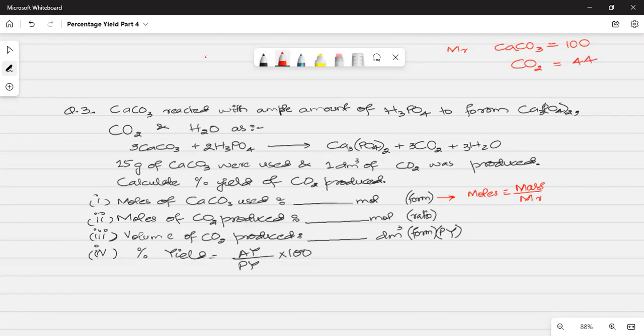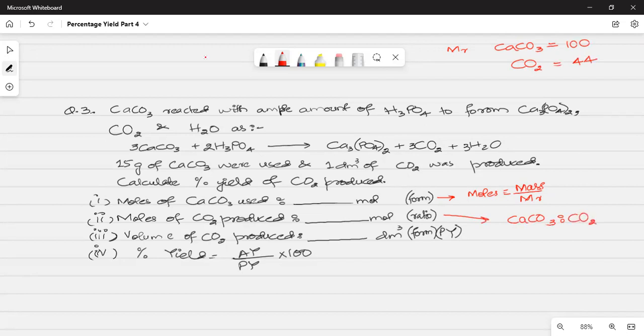So it's easier for you to directly just jump into the question. Since you are going to have Mr, it would be easier for you. Okay, so this really is going to be CaCO3 ratio CO2.